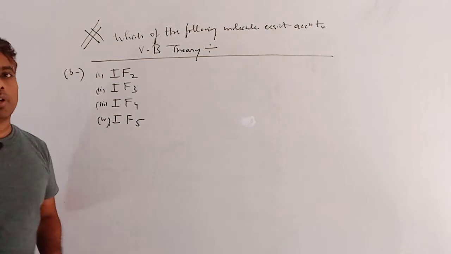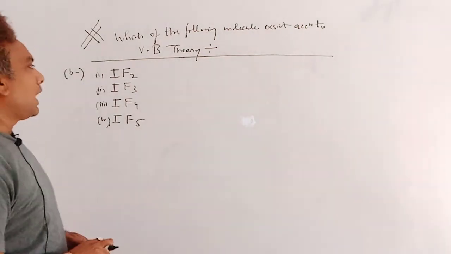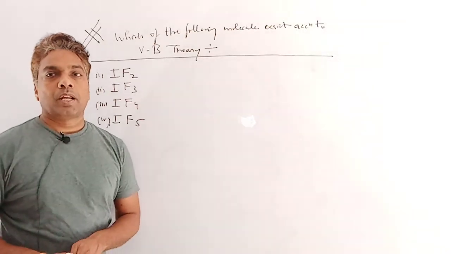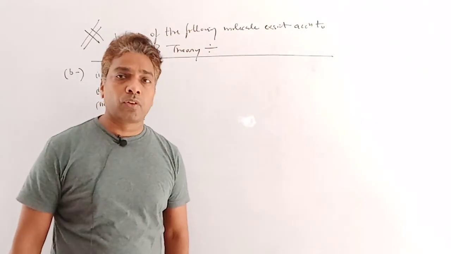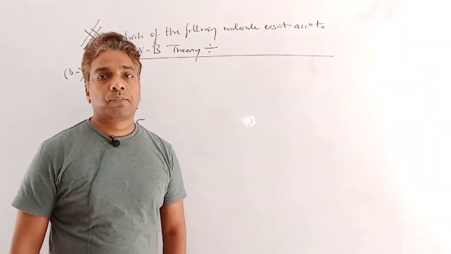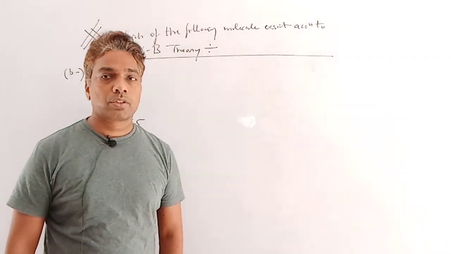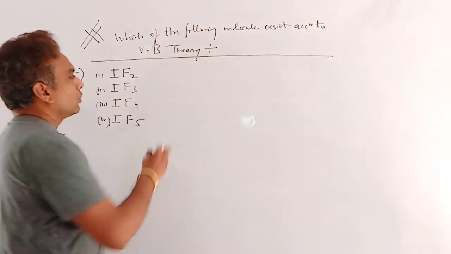According to VB theory, which of the following interhalogens exist? So here the central atom is iodine. Clear? And iodine, whose atomic number is 53, is a 5th period element, so the d subshell is vacant. Clear?